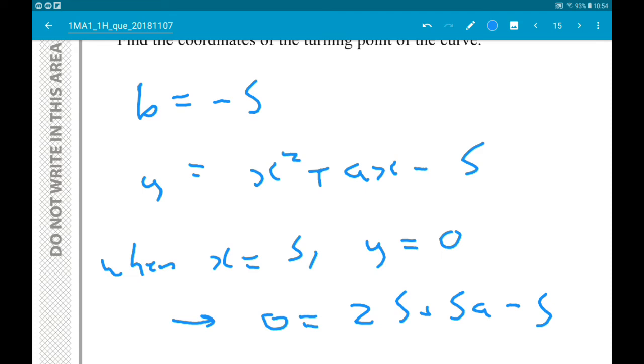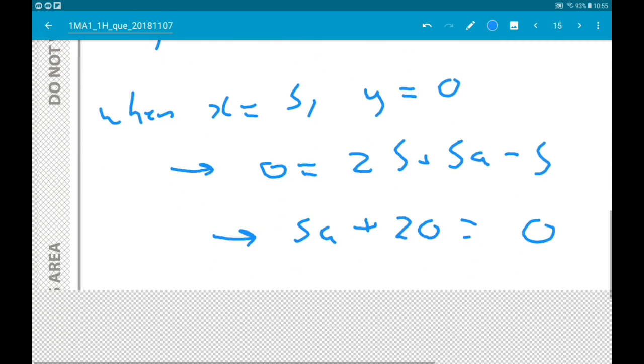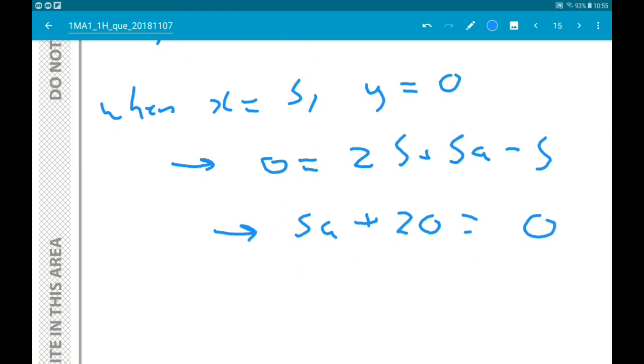So that tells us then 5a add 20 is equal to 0. Take away the 20. 5a is -20. So a is minus 4.